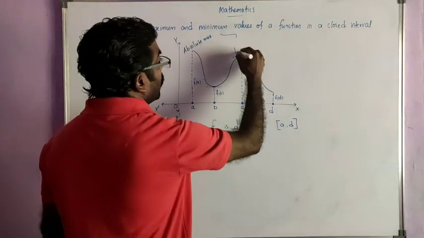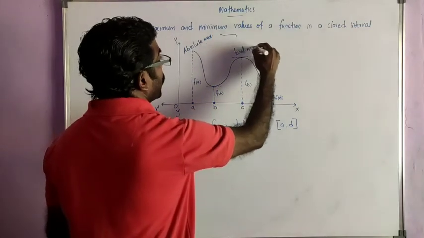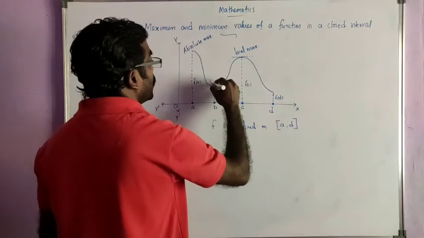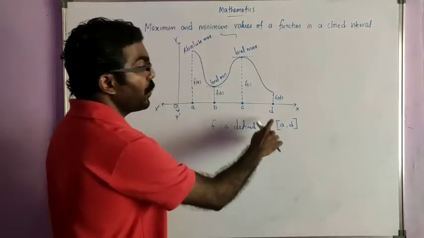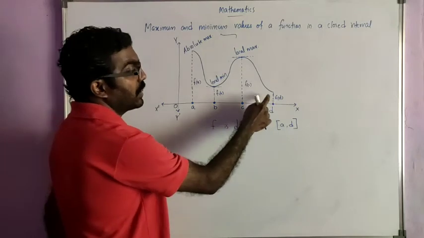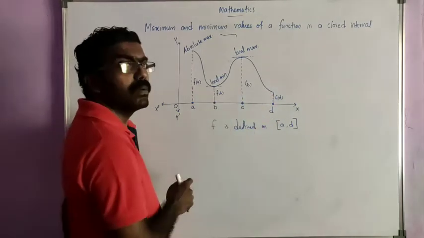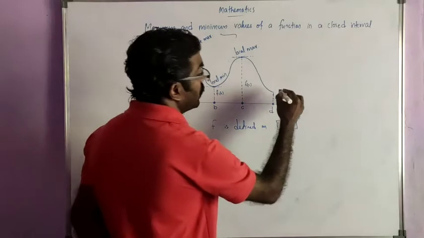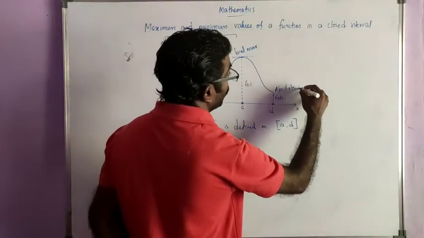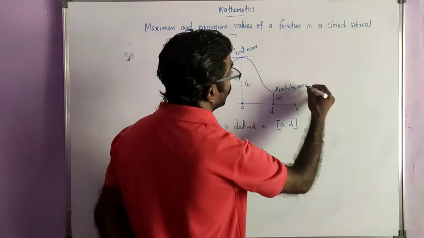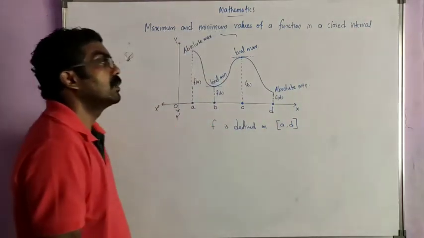Here local maximum, here local minimum, and at the point d the function attains its least value, the minimum value. So this is called the absolute minimum. Clear?